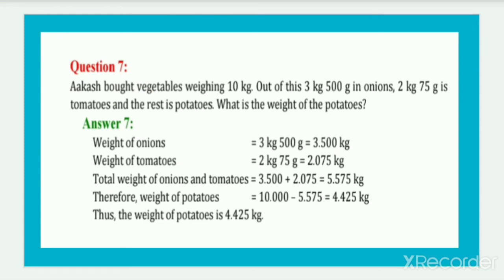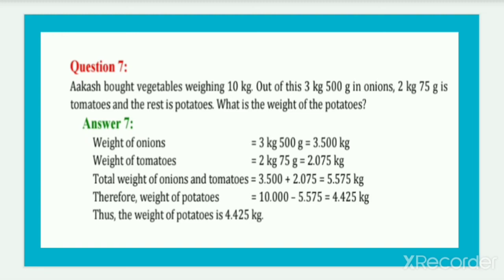Again we will convert it into one unit, either gram or kilogram, but since it is asking for the weight of the potatoes, it will be in kilogram, so we change gram into kilogram. 1 kilogram has 1000 gram, so we divide by 1000. So 500 gram divided by 1000 is 0.500 kilogram. We add 3 kg plus that, so it becomes 3.500 kilogram.